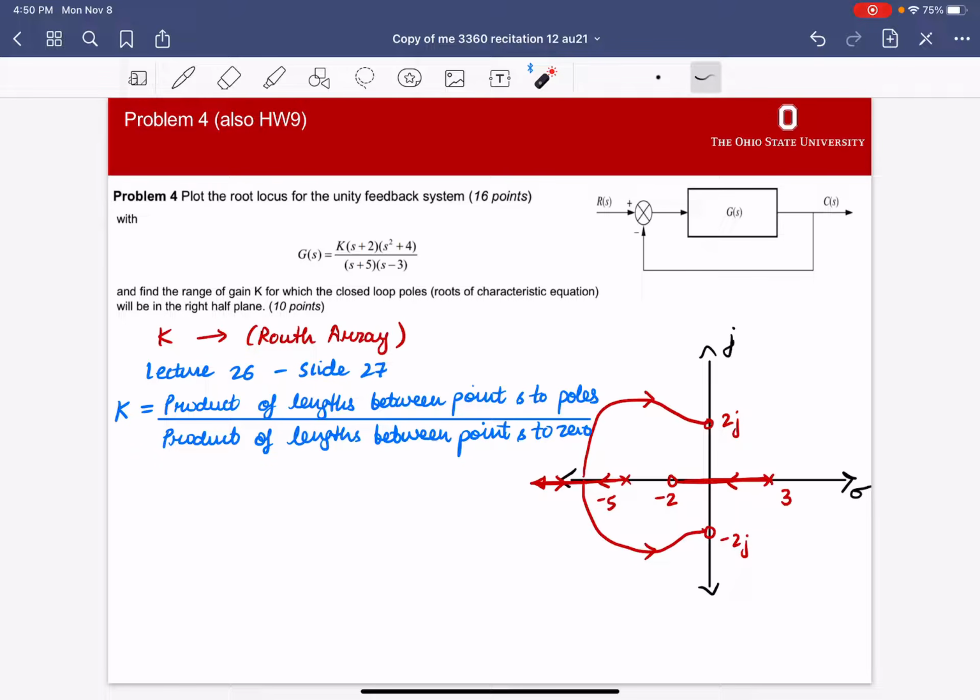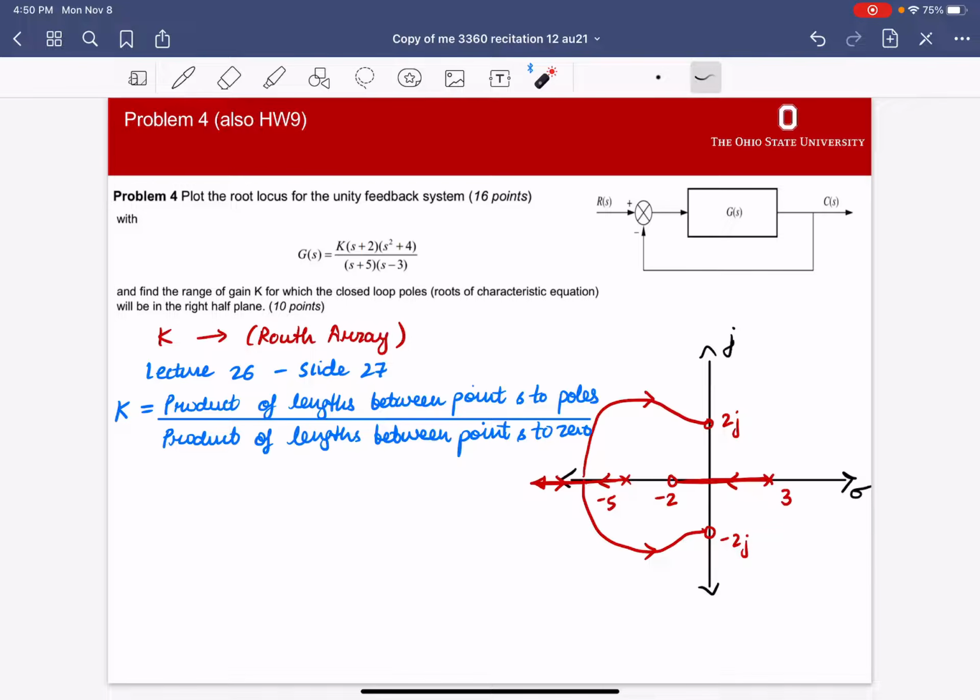So we want to look at this point here, which is at the origin, and ask what would be the gain at that point? If the gain is more than that, it would mean that everything is in the left half plane and that's stable. If it's lesser than this gain value, then you would have one pole over here, and that would not satisfy our criteria.